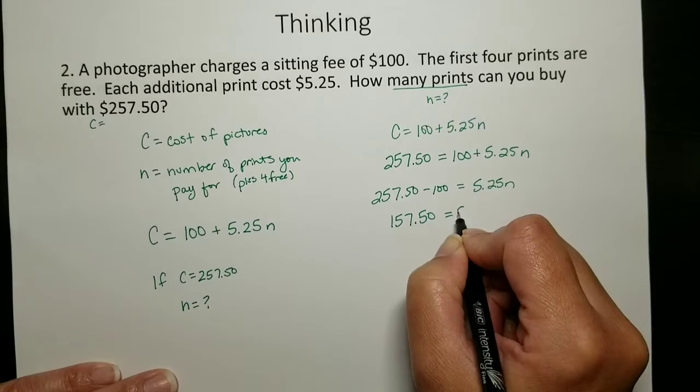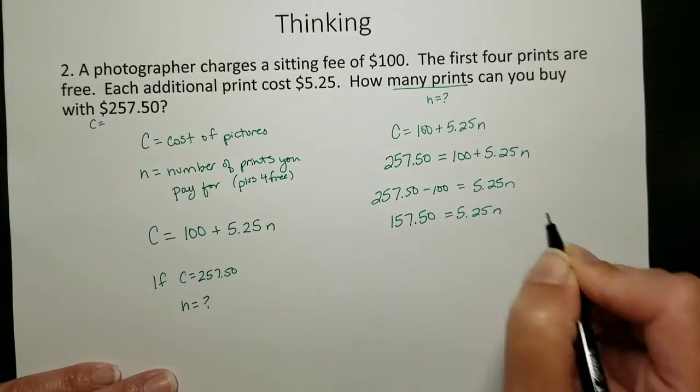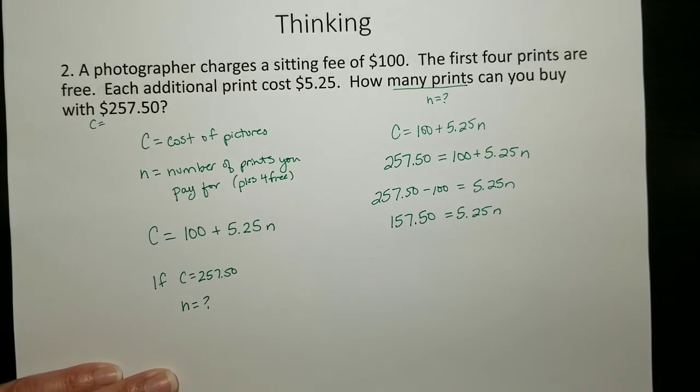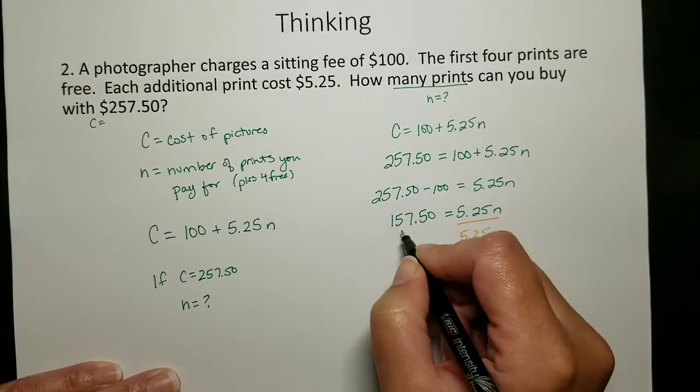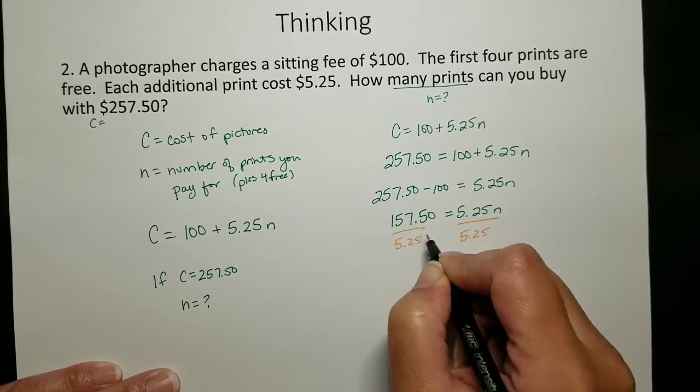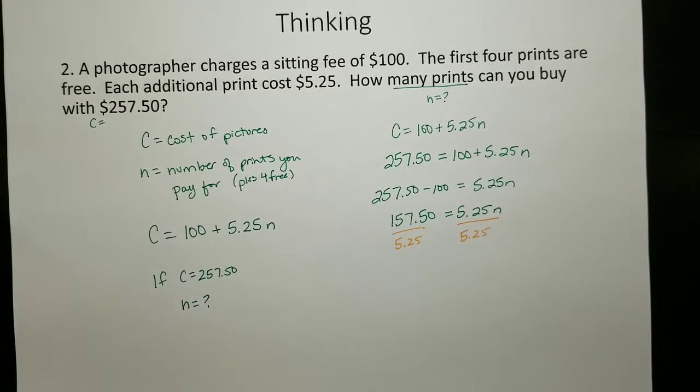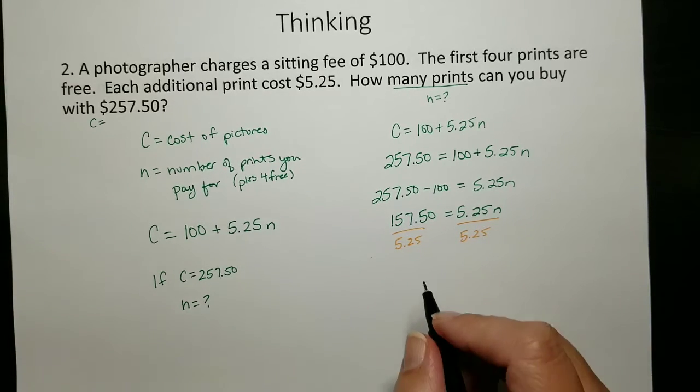And then I'm going to divide by 5.25, and that gives me 30.